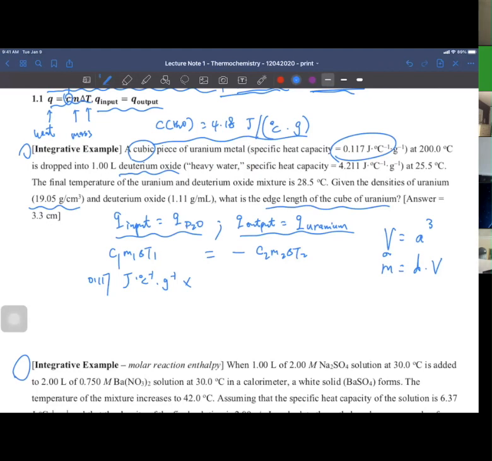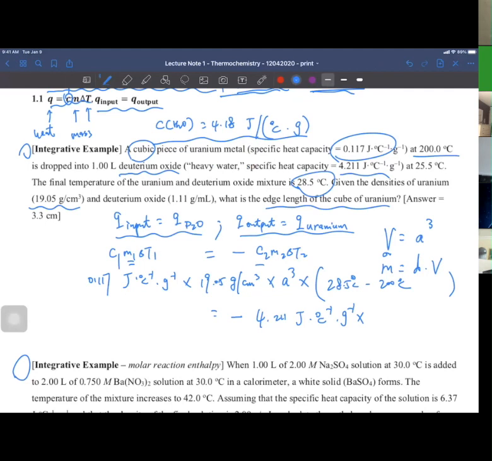So we can put this in because we want to get the mass. The mass will equal the density, which is 19.05 gram per centimeter cubed, times the volume, which is the edge cubed, and then times the delta T1. What is delta T here? The final temperature here, the initial temperature is here. So it will be final minus initial, right? And then equals negative C2, which is here, 4.211 joule per degree Celsius per gram, times the mass.